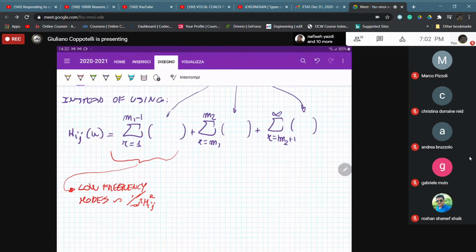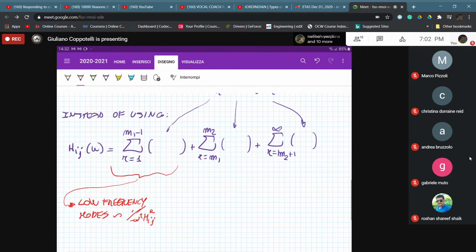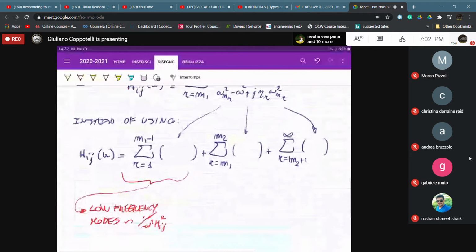Okay, and those low frequency modes are affecting what's happening at higher frequency, as you can see from this summation sign.